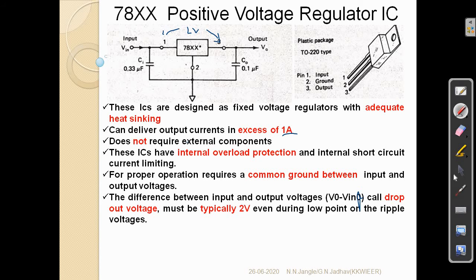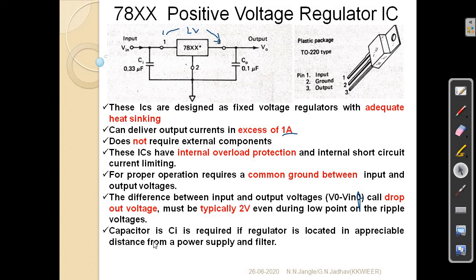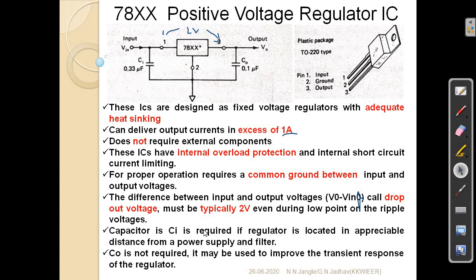Okay, and capacitor CI is required if the regulator is located at an appreciable distance from the power supply filter, and C0 is not required, but it may be used to improve the transient response of the regulator. So this is about the IC 78X6. It consists of what? Pin number 1 input, pin number 2 ground, and 3 output.